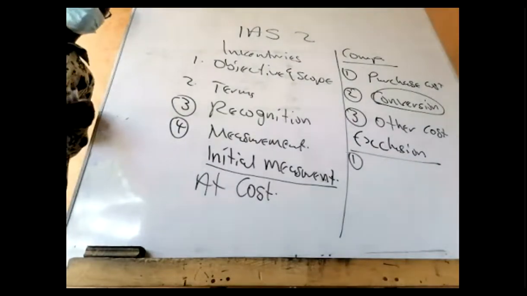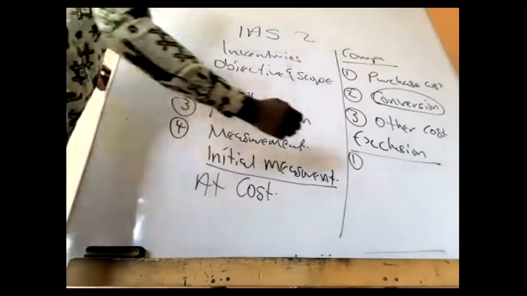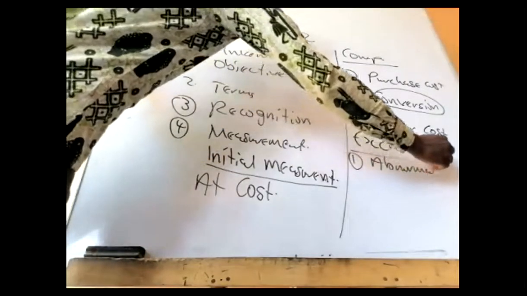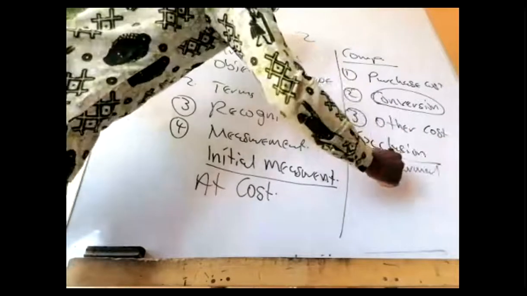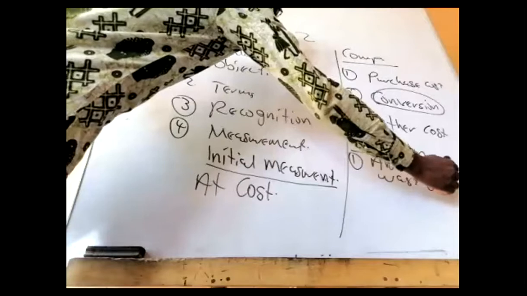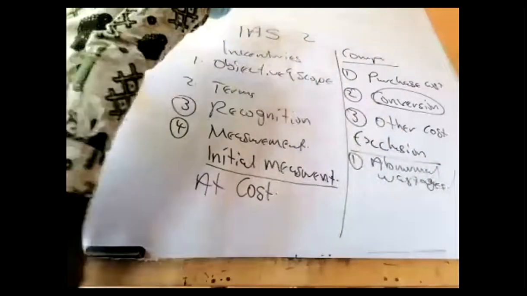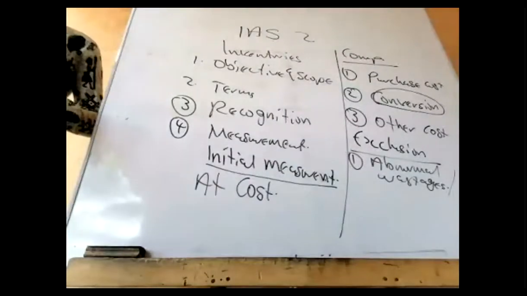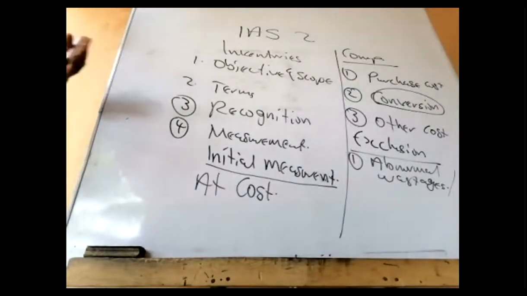Abnormal losses or wastages should be ignored. They should not be part of the product cost.